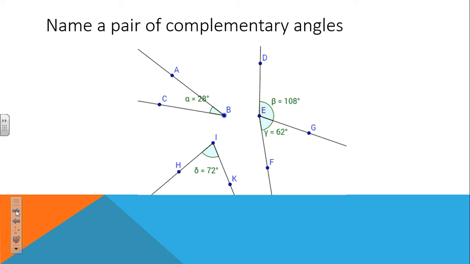Now we're on our notes sheet. Okay. First question asks you to name 2 complementary angles. So remind yourself what complementary angles are, just like a complement and complementary breakfast. And then write down 2 angles on your paper that are complementary.